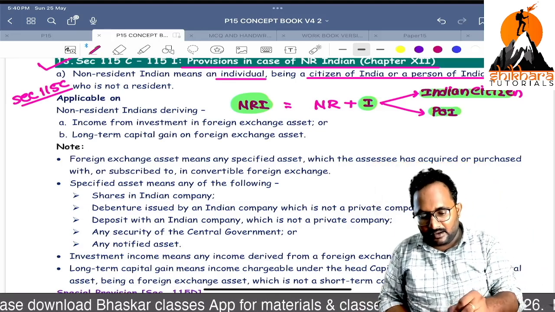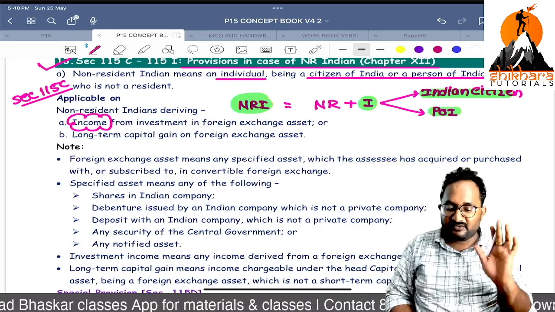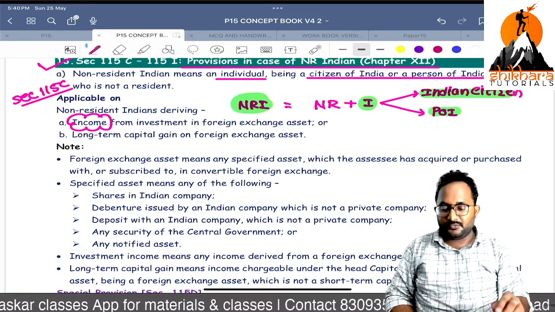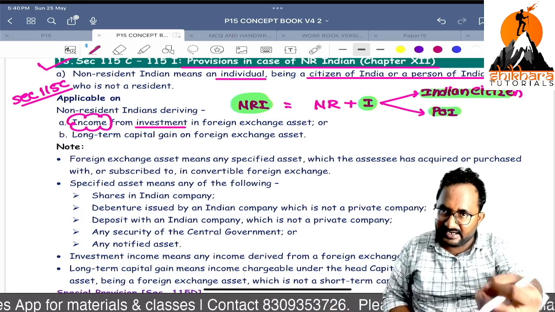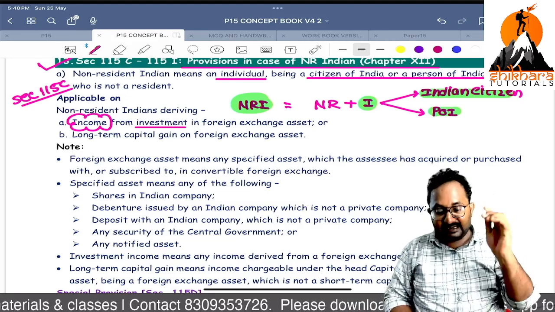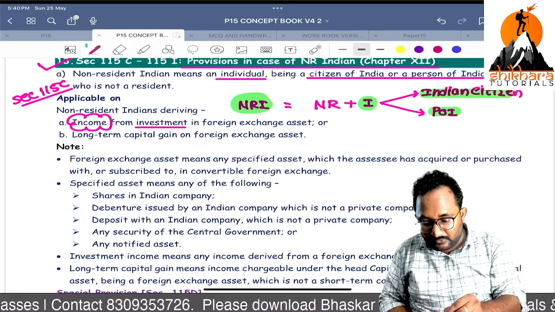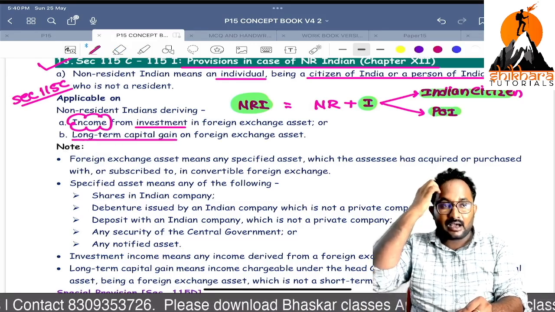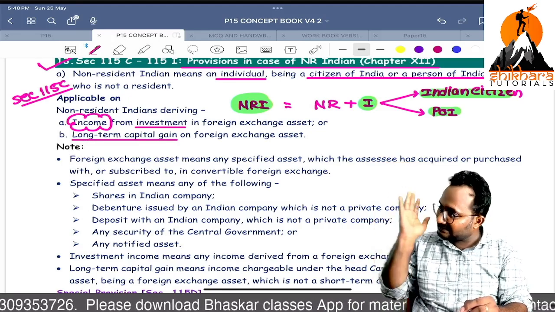What are the two incomes, ma? Income from investment. Income from investment means, if you are doing some investment, maybe you will receive dividend or interest, or if you are selling that investment, maybe you get long-term capital gain. For these two incomes only, we have given the special tax rates under these sections.